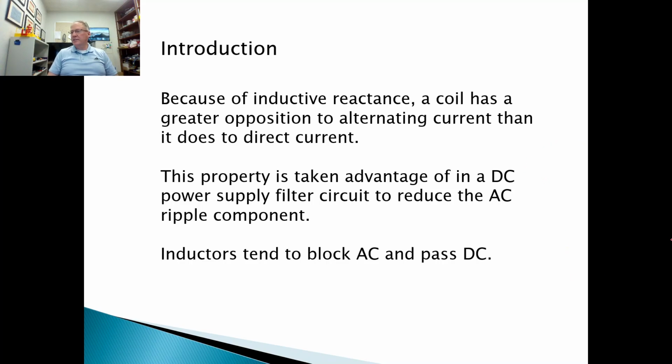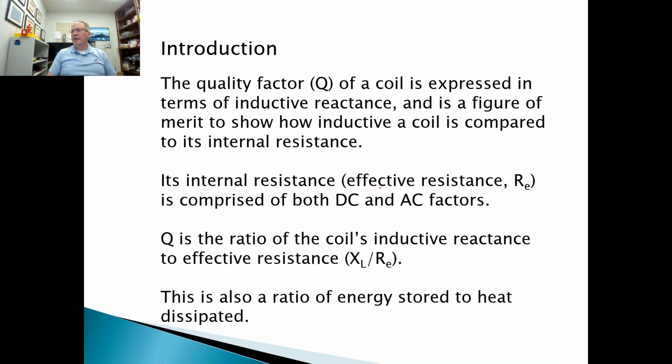Now, inductors tend to block AC and pass DC. So just keep in mind that whatever an inductor does, the capacitor does the opposite. A capacitor passes AC and blocks DC, and an inductor passes DC and blocks AC. All right? So let's keep going here.